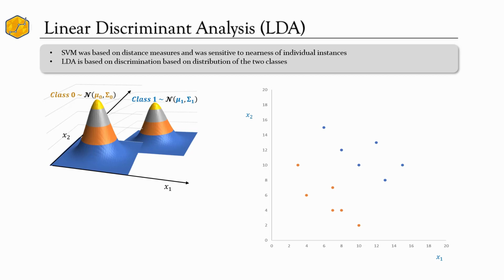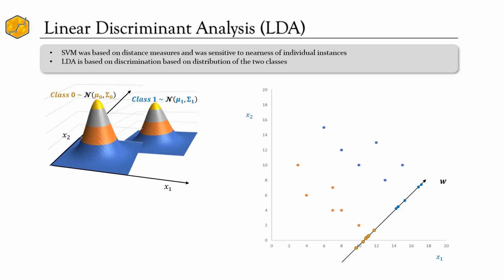Now for a given vector w, we can take the projections of all the points on w. We have seen this before. This can be calculated using the simple projection formula that we derived in vector algebra class. So from the two-dimensional space x1 and x2, now I am working in one dimension, which is w.